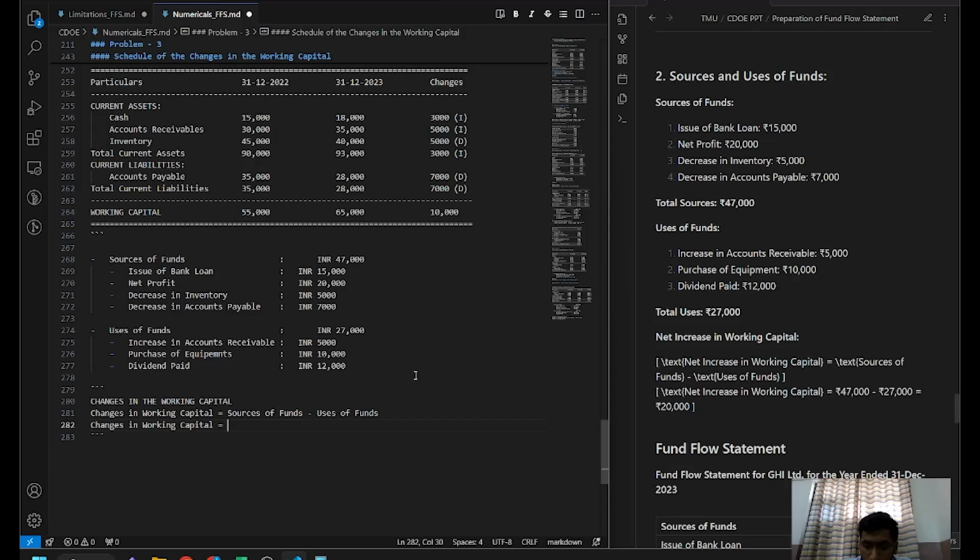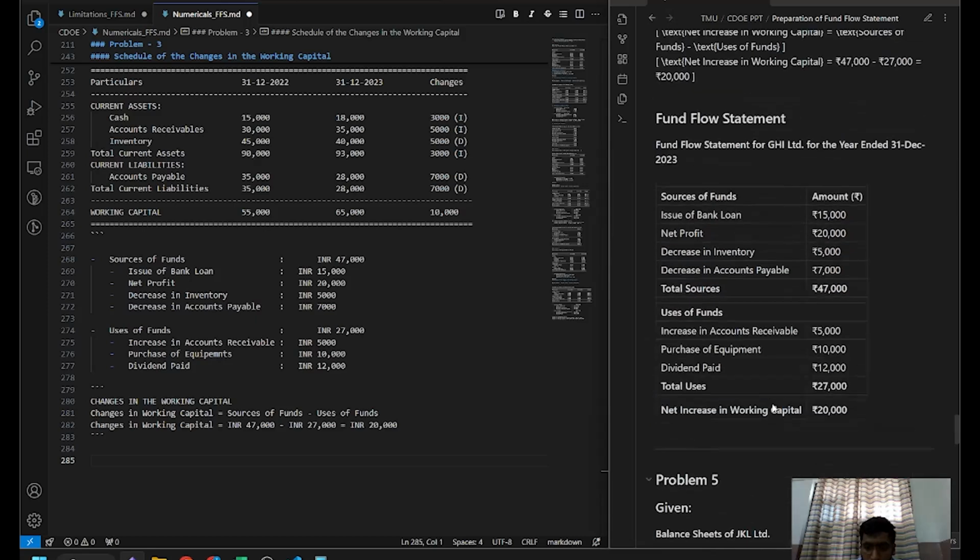Sources are 47,000 and uses are 27,000. That means the changes in the working capital amount to rupees 20,000. Okay.